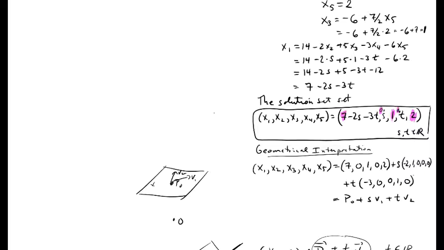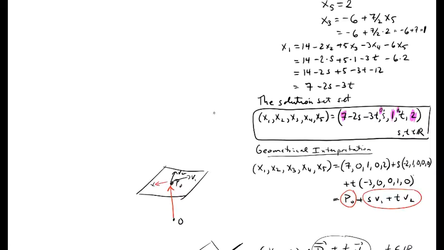I can reach that plane by going first to P0. That's OP0 right there. And then you take a linear combination of V1 and V2, which allows you to move anywhere in that plane. So by taking a linear combination of V1 and V2, you can reach any point in that plane from point P0.